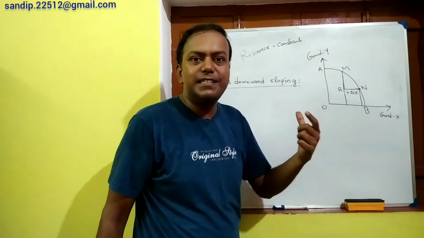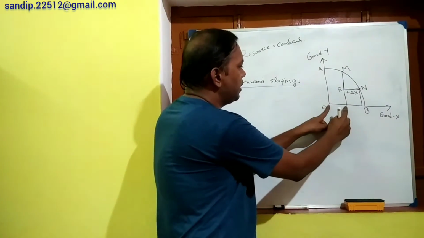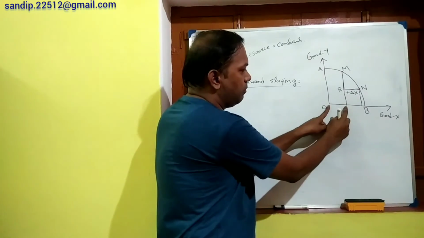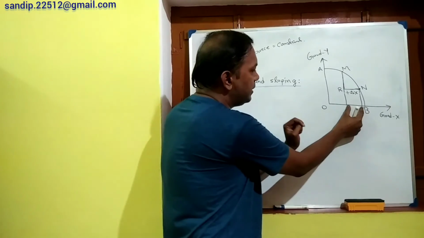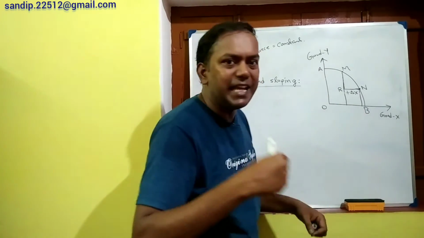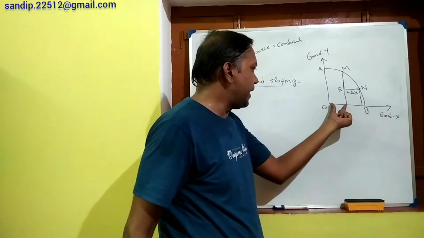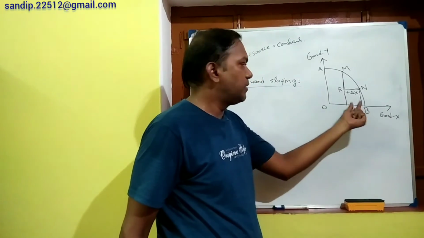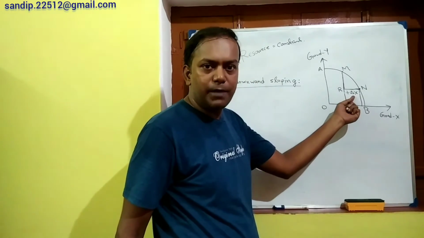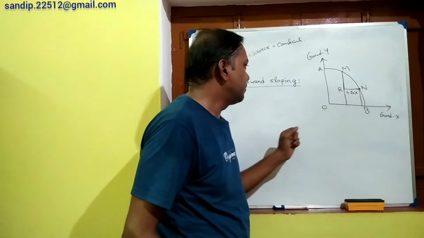Delta means it is change, meaning initially the producer is producing this much amount of good x, now he is producing this much amount of good x, so this much good x he is producing extra. Extra means this minus this, and then this one will remain. So that's why I have taken this change for good x.